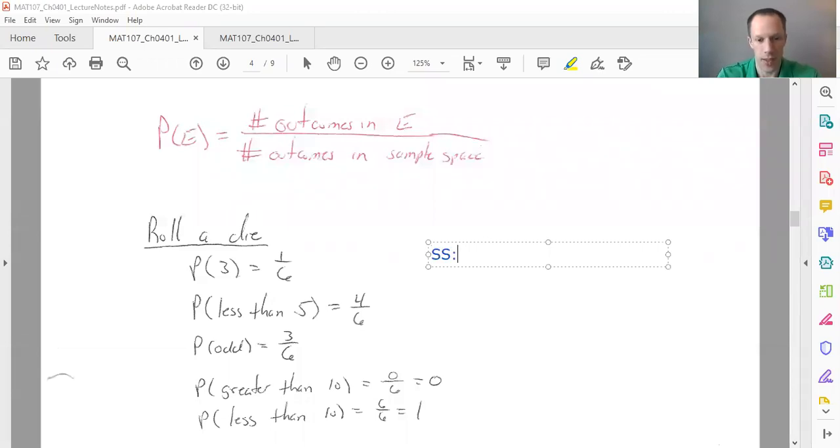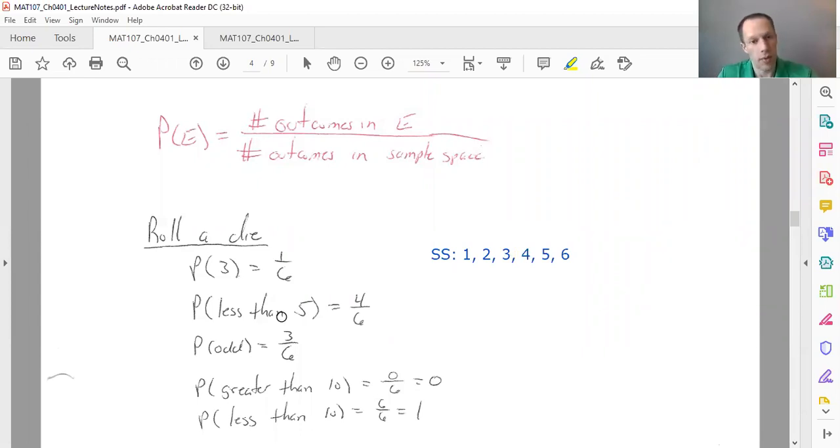So the sample space, if you remember, is the numbers 1, 2, 3, 4, 5, and 6. If I say, what's the probability that we get the number 3, then you would say, okay, well, 3 is one of the outcomes in the sample space, and there are 6 outcomes altogether, so 1 out of 6.